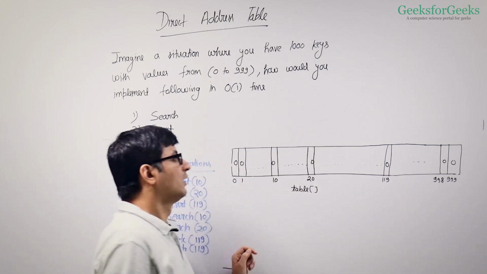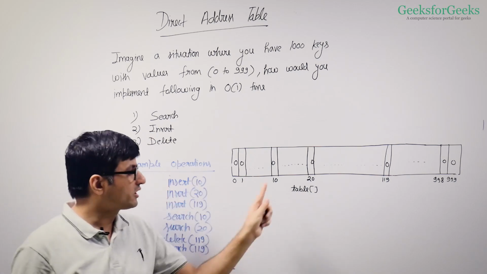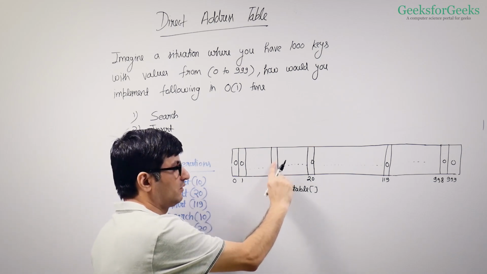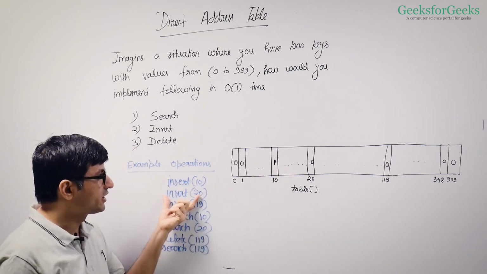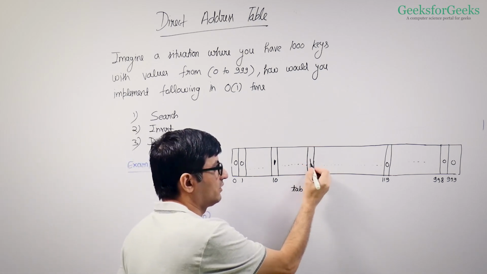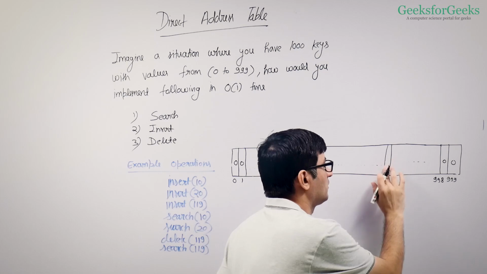Now when I say insert 10, what I do is I go to this index 10 and change it from 0 to 1. When I say insert 20, I go here and make it 1. Insert 119, make it 1.